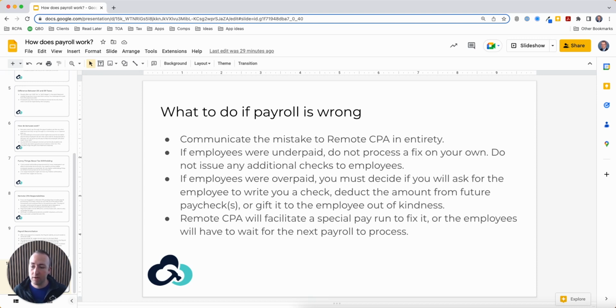Or if it's not a high dollar amount, we can always do a retrospective pay adjustment the next time payroll runs in order to minimize those processing fees. But let's just make sure everyone understands what happened before we try to go and fix something.